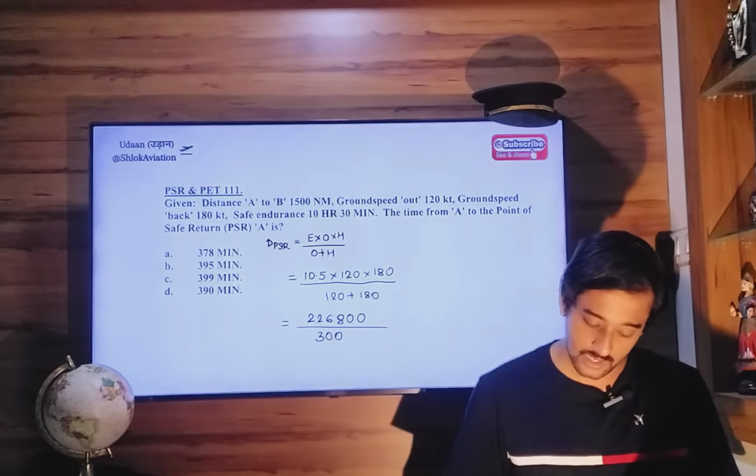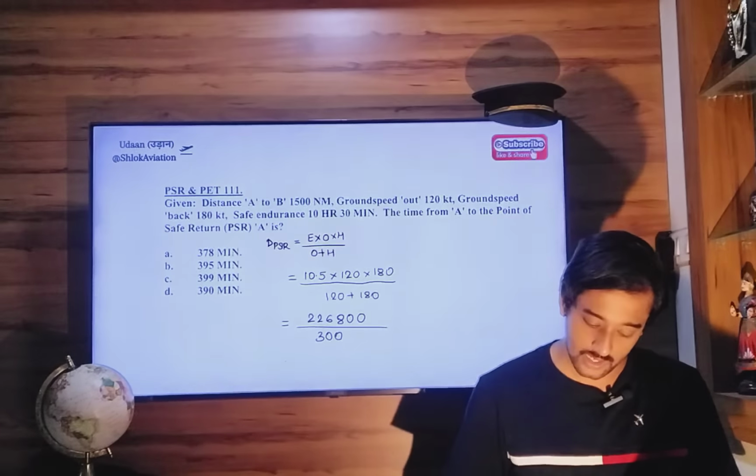So endurance is 8.5, outbound speed is 190, homebound 180, divided by 190 plus 180. 190 plus 180 is 370. 8.5 into 190 into 180 is 290700.